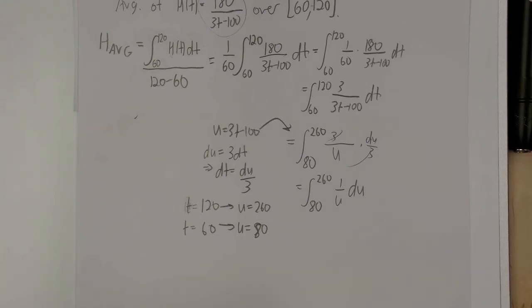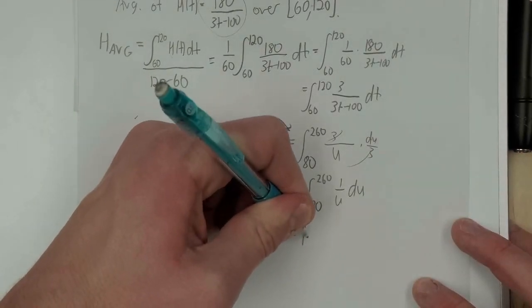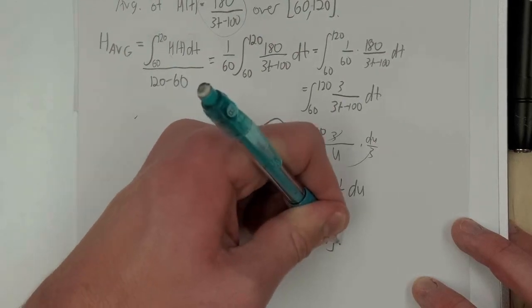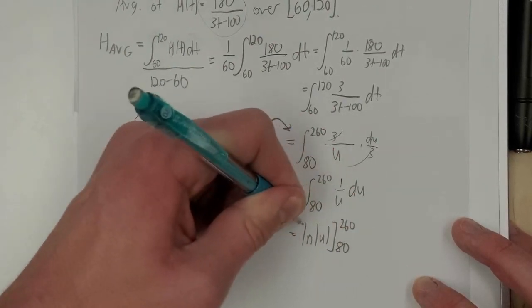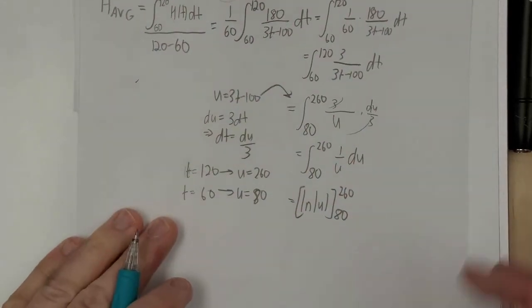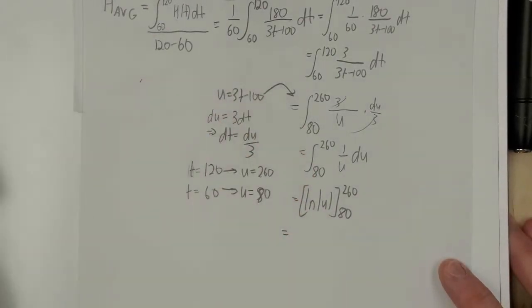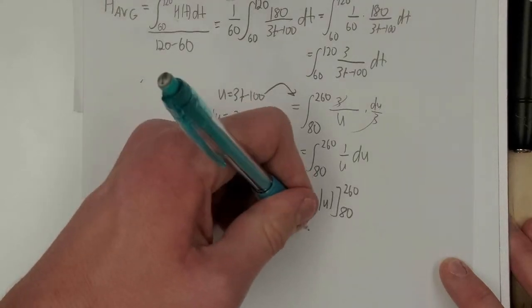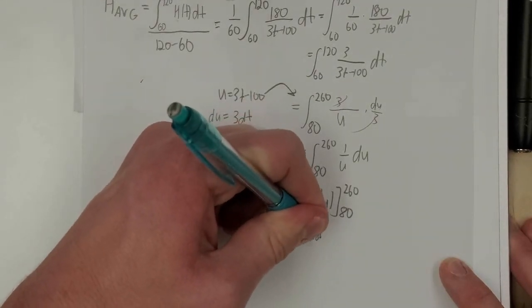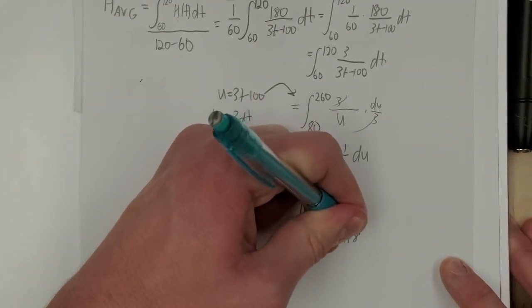Good, remember the absolute value. So natural log of the absolute value of u from 80 to 260. Okay? Then if we apply the fundamental theorem, by similar reasoning to what we've already seen, this is just natural log of 260 minus natural log of 80. Okay?